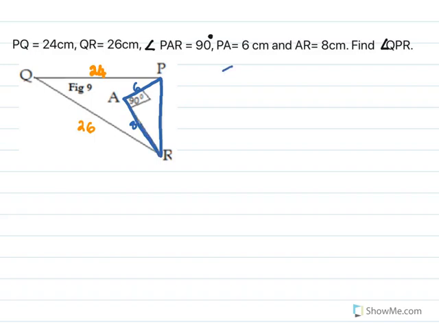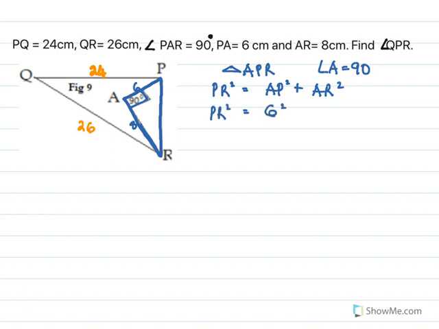Now in the triangle APR, here is given 90 degrees. Angle A equal to 90. So we can use Pythagoras. PR square equal to AP square plus AR square. PR square we don't know. AP square is 6 square.